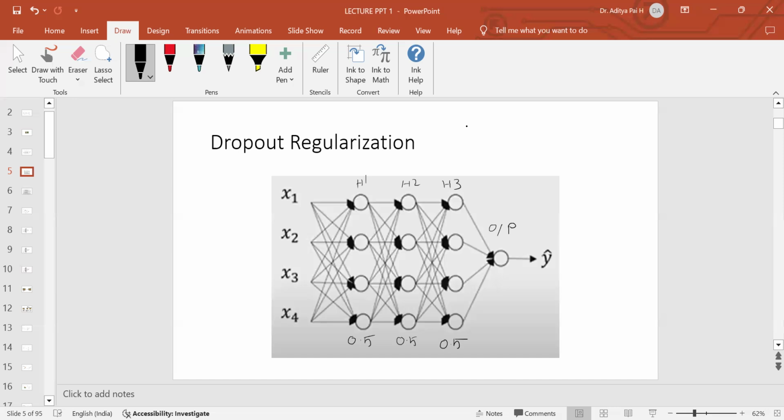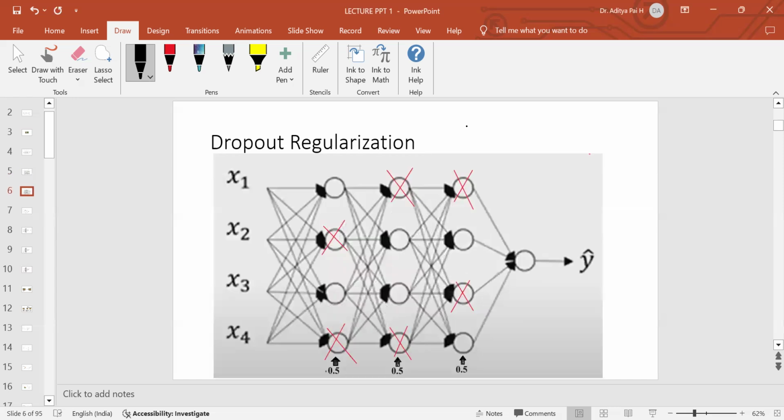That is nothing but keep probability of 0.5, which means 50% of the nodes are being removed. After you give the input to the network, you can see that two of the nodes are being skipped.